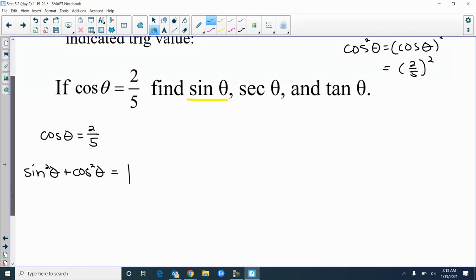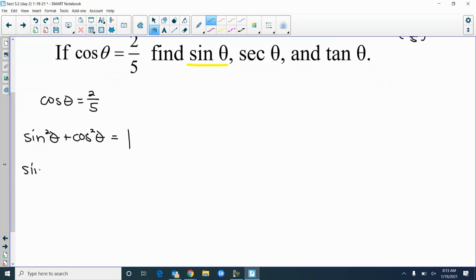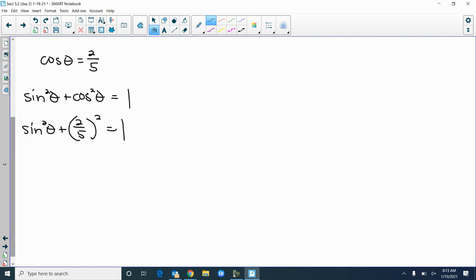So I'm going to have sine squared theta plus 2/5 squared equals 1. It takes the place of the cosine of theta, the whole thing. Now we keep going and get sine squared by itself.